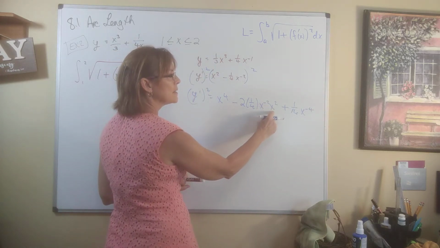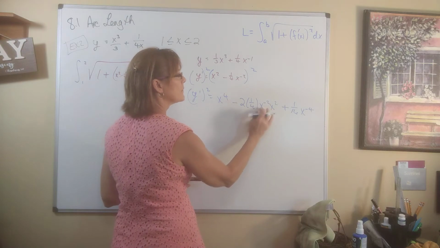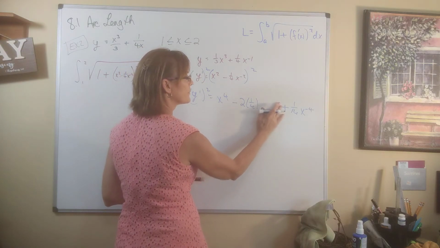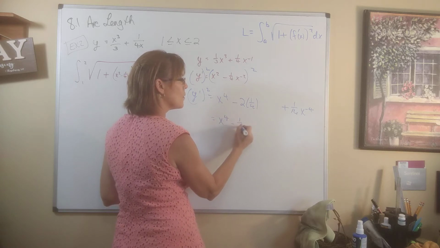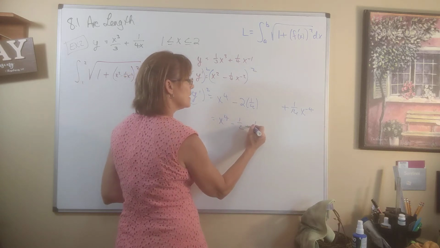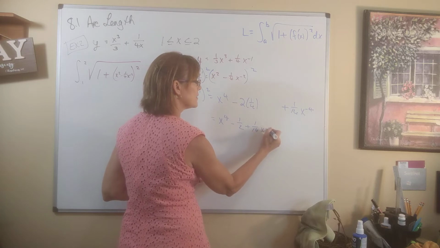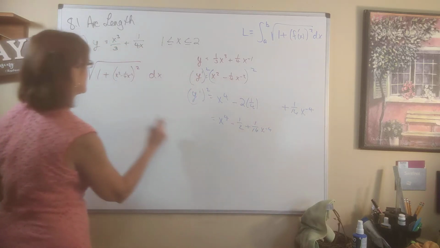X to the negative 2 times x to the 2 is x to the 0. So this is really just a 1. So what this ends up being is x to the 4th minus 1/2 plus 1/16 x to the negative 4. That's what I get when I square this guy.